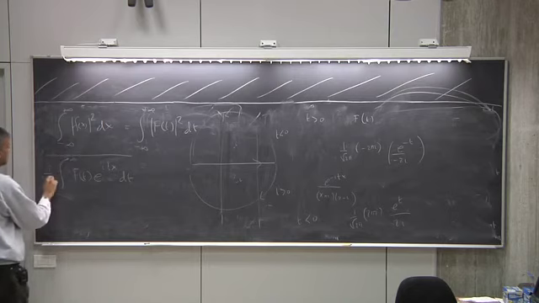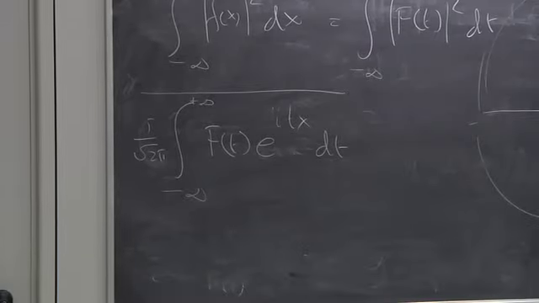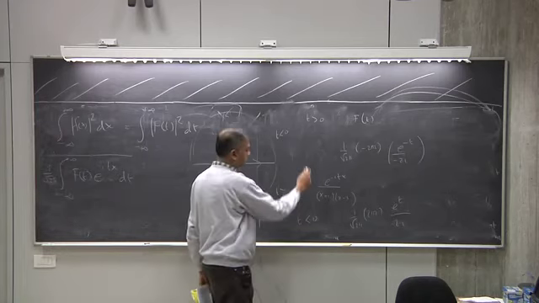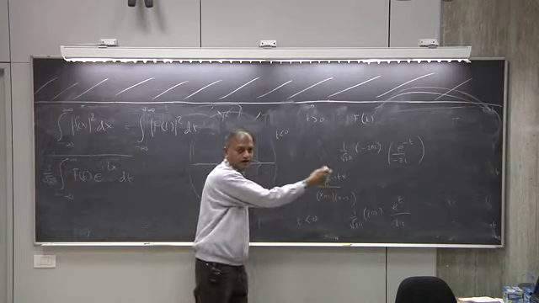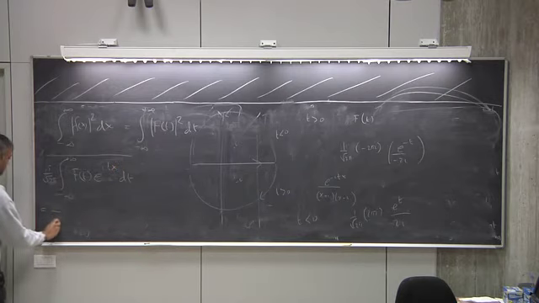Is it the same as the original function f of x or not? I have to split this integral into two domains, because I have two different functional representations in the two regions. So this gives 1 over root 2 pi, minus infinity to 0.